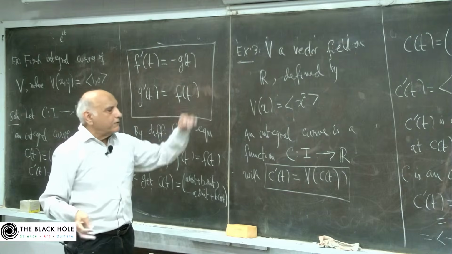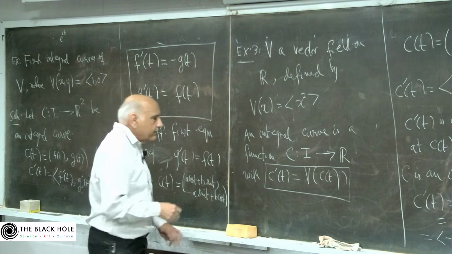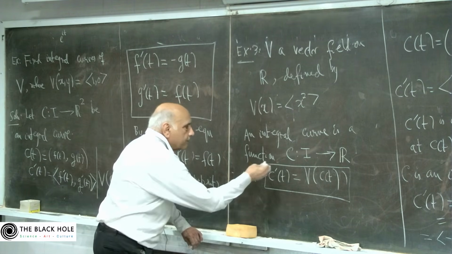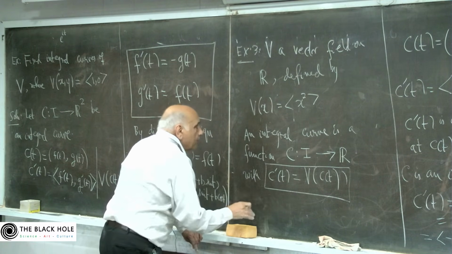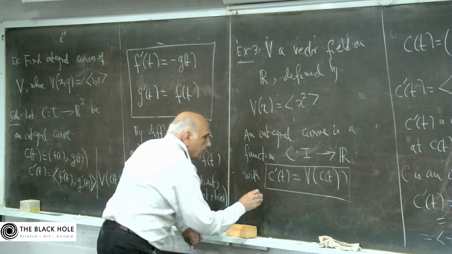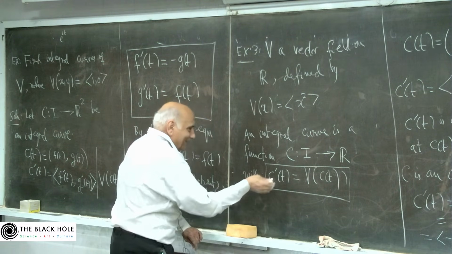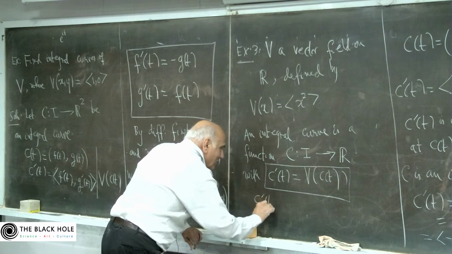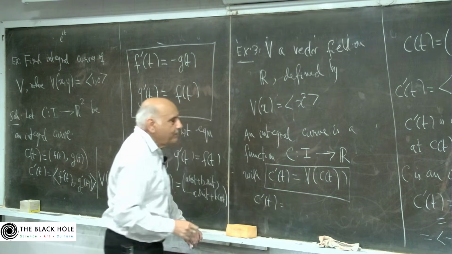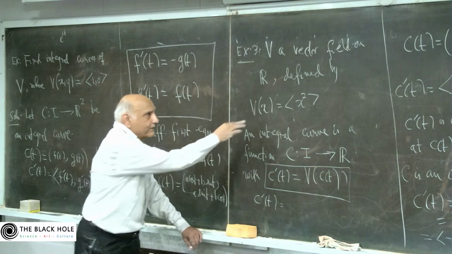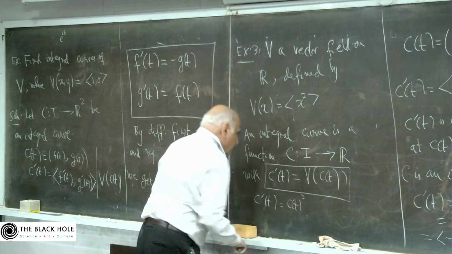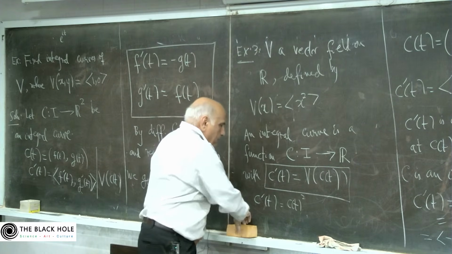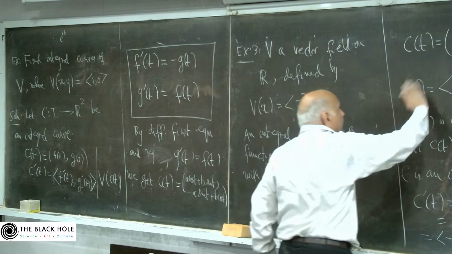Now, what is C prime t? C prime t is here. So what is V of C t? C t squared. Okay.